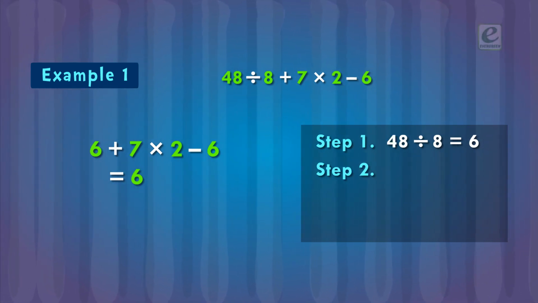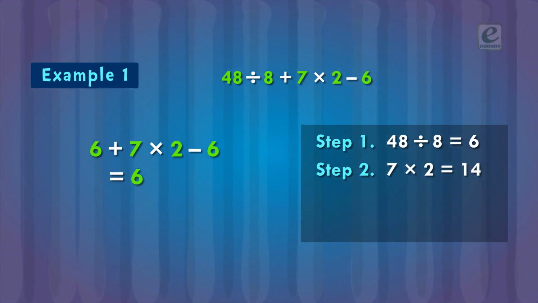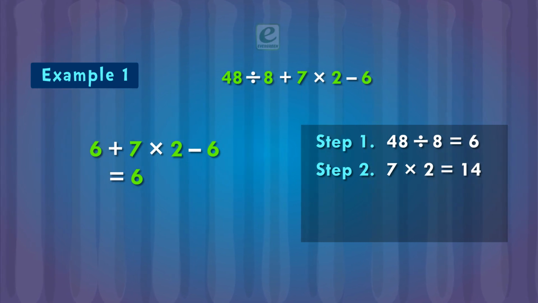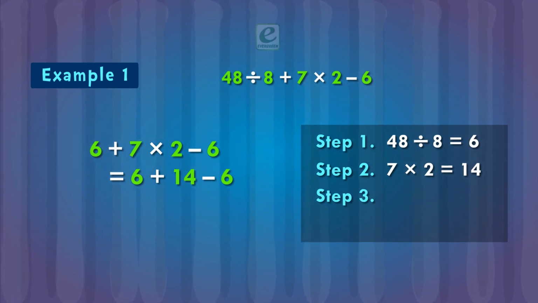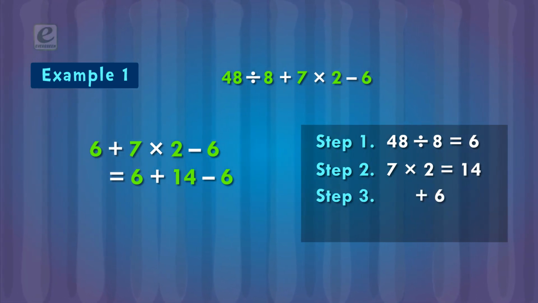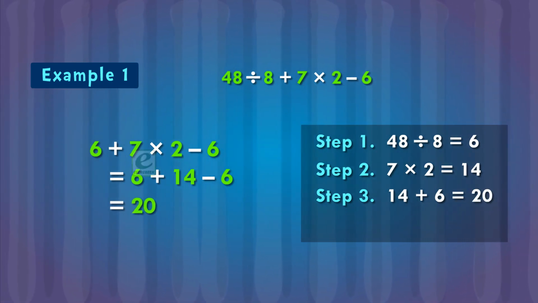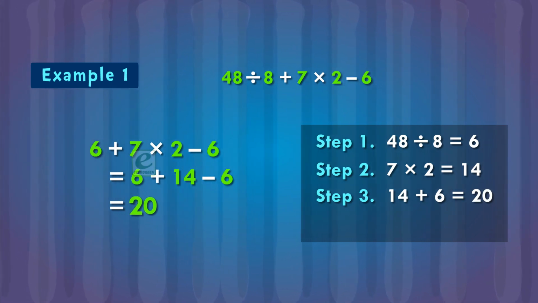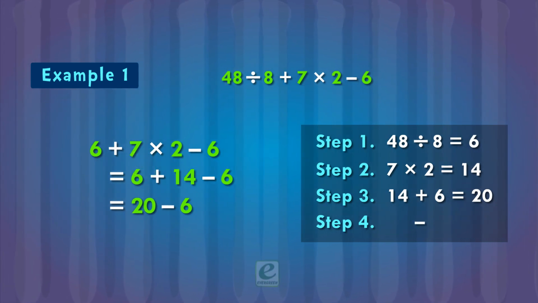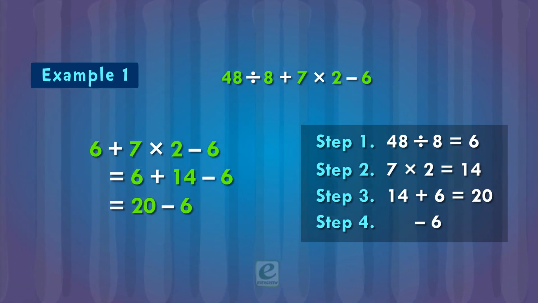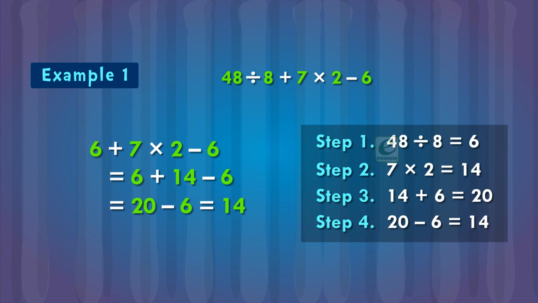In step 2, we will multiply 7 and 2. 7 2s are 14. So, now it is 6 plus 14 minus 6. In step 3, we will add 6 and 14. After adding up, we get 20. So, we will write 20 minus 6. In step 4, we will do subtraction. Let us subtract 6 from 20. We get the answer, that is 14.